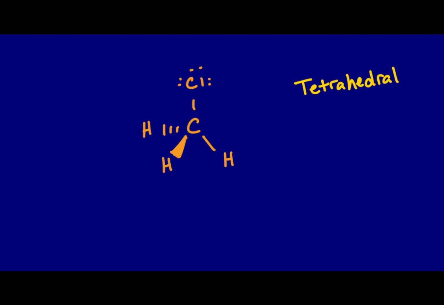We have 2 different types of bonds here. We have the carbon-chlorine bond, and then we also have the carbon-hydrogen bonds. Chlorine has an electronegativity of 3.16. Carbon's electronegativity is 2.55. Each of the hydrogens has an electronegativity of 2.2.